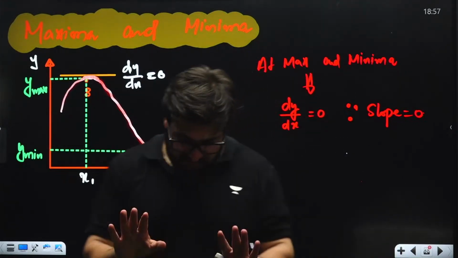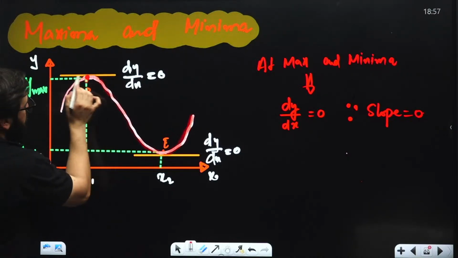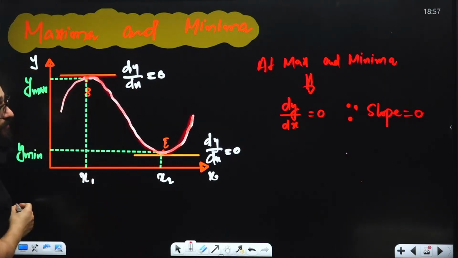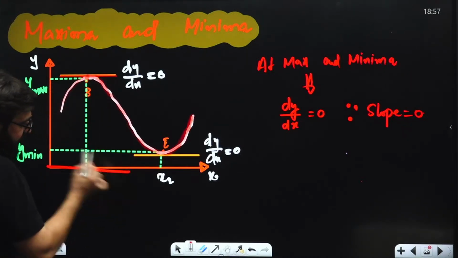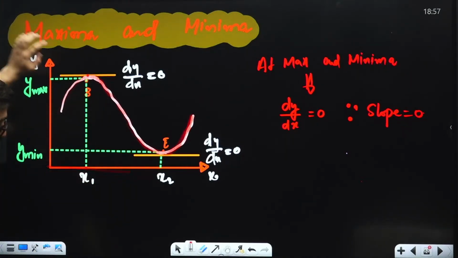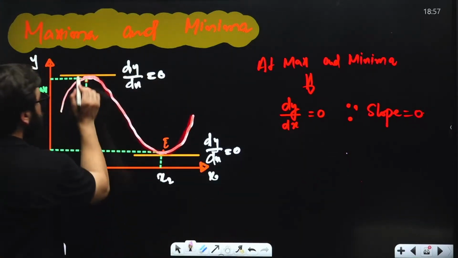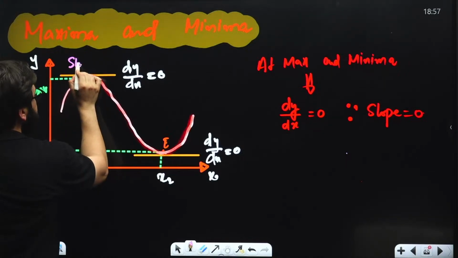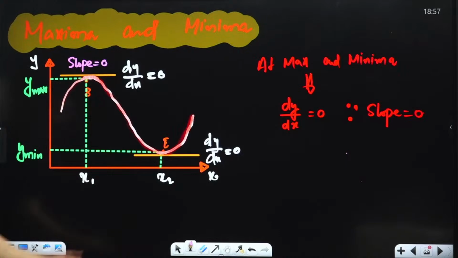Now guys, if you take this particular point and draw a tangent over here, don't you think that this tangent is making 0 degrees with the x-axis? Yes. So I say the slope at this point is 0, because theta is equal to 0 degrees.